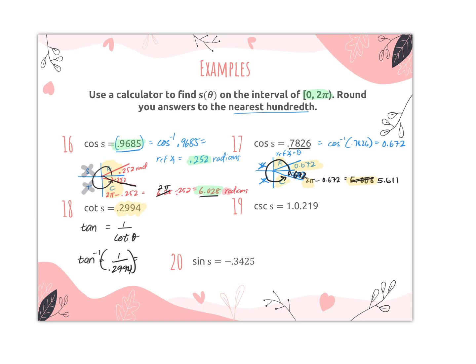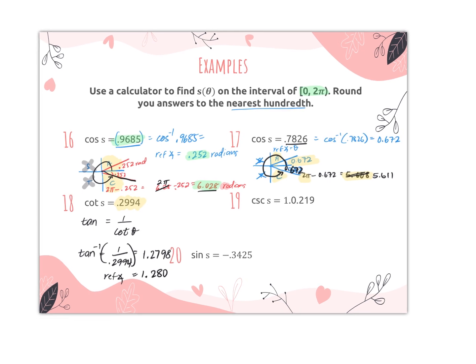So I'll do 1 divided by 0.2994, and I get 3.3 something, and then I'm going to hit the inverse tangent. And I know that my reference angle is 1.2798, which rounds to 1.280. So that's going to be my reference angle, 1.280 radians.